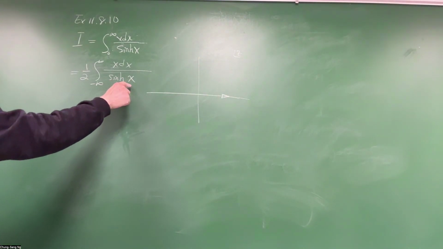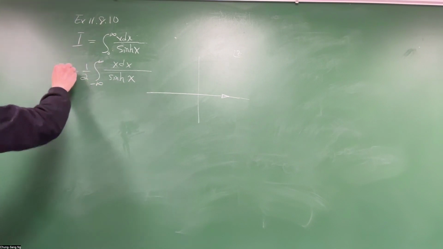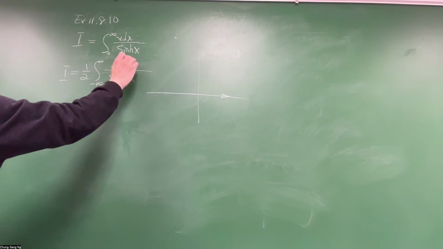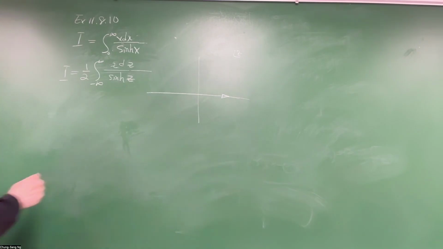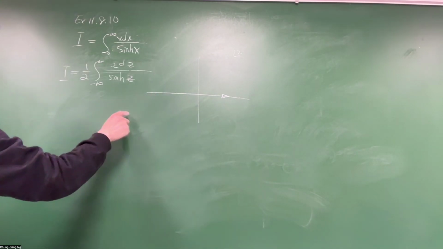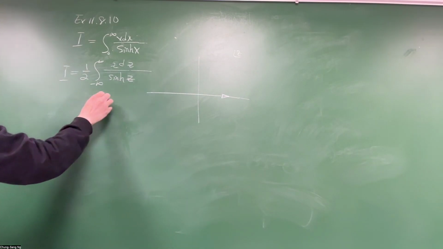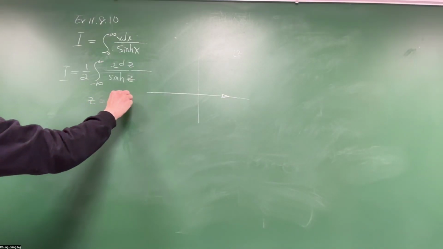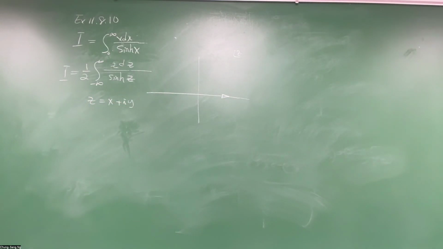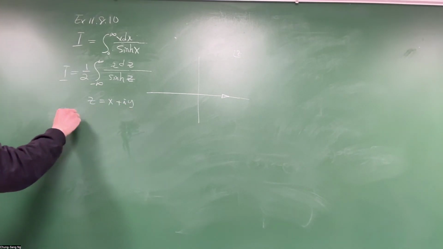We can change that first, along the real axis, to the complex plane, and then use the fact that z is x plus iy, considering the complex number x plus iy, and use the formula.